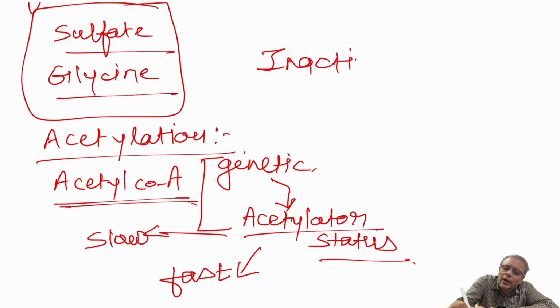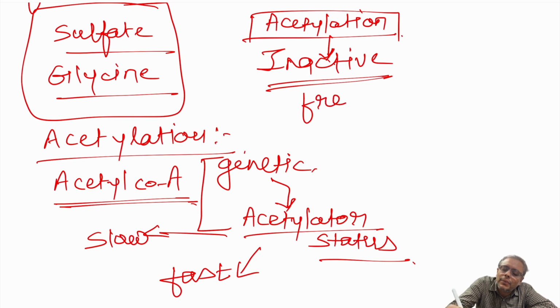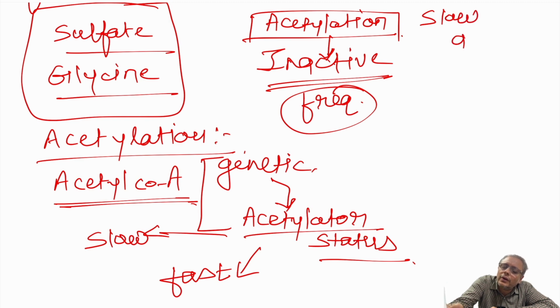So if the person is a fast acetylator, the drug quickly becomes inactive, so you have to frequently administer the drug, which is not required in the case of slow acetylators.